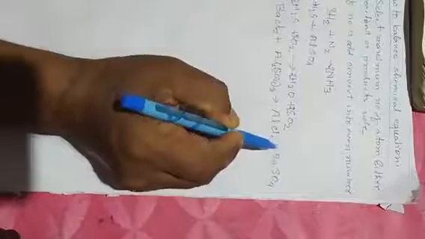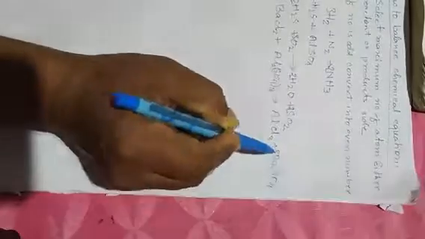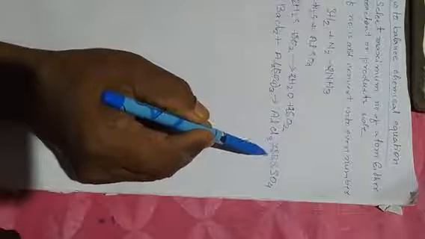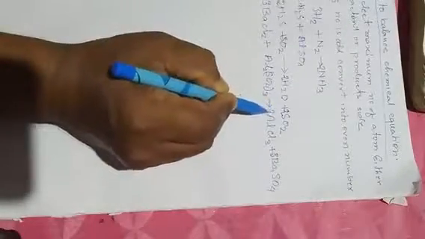So you place 3 here, and 3 times 4 is 12 oxygen. Barium is now 3, so you place 3 here. Chlorine becomes 6, so you place 2 here. Chlorine is 6. Now this is balanced.